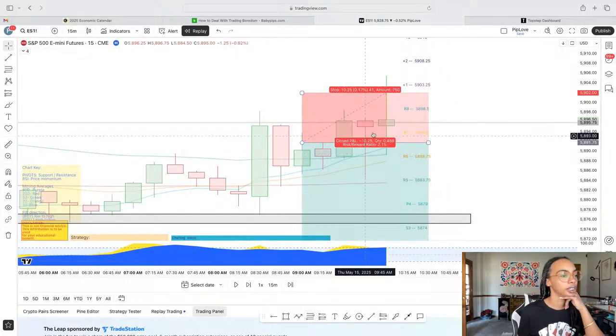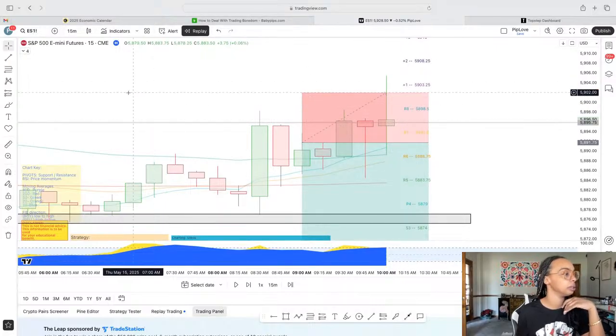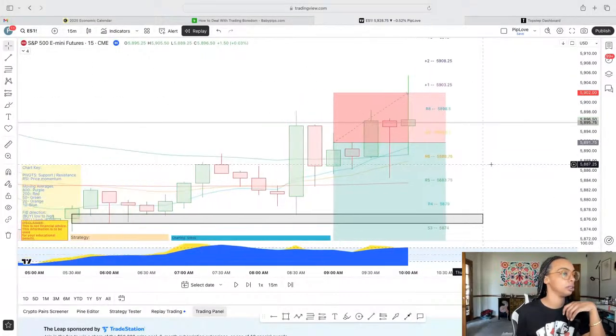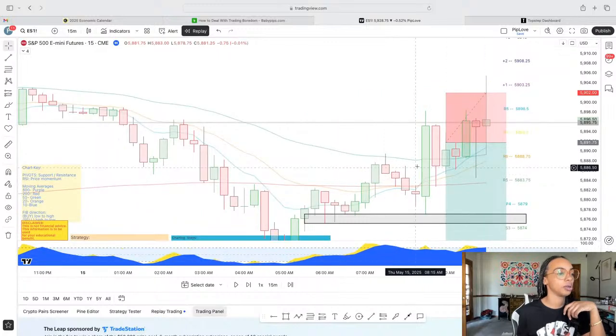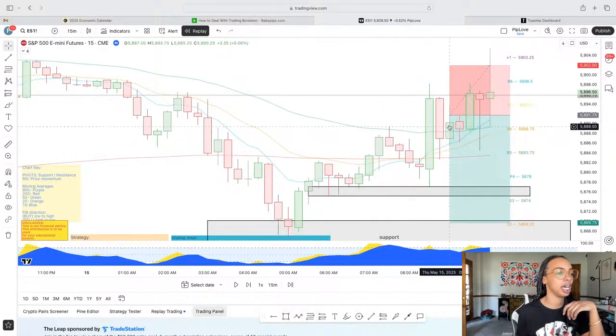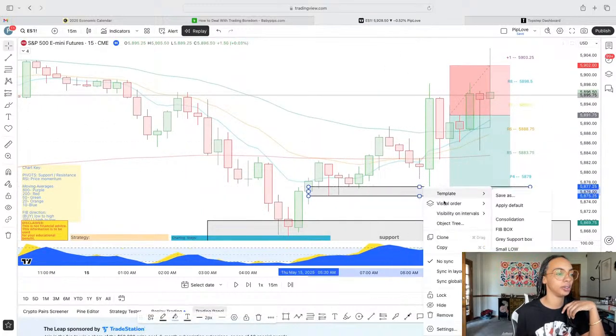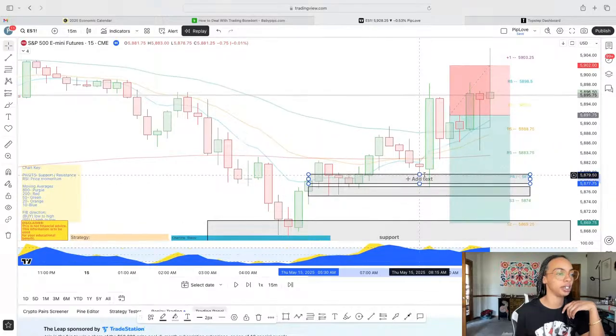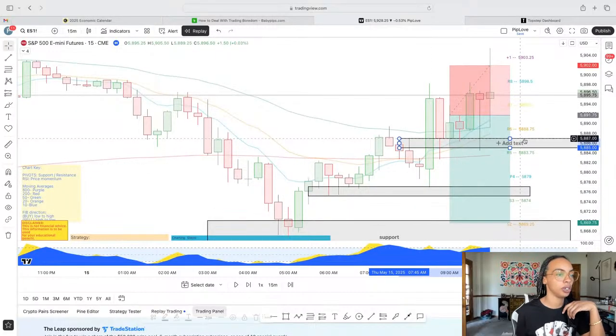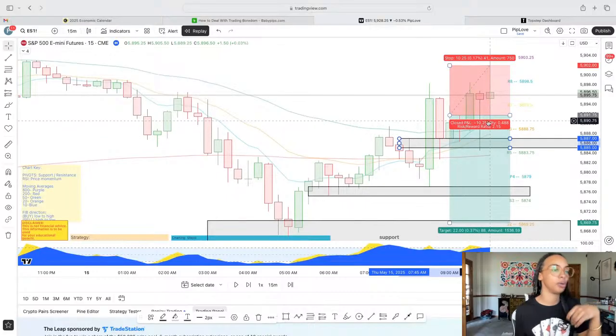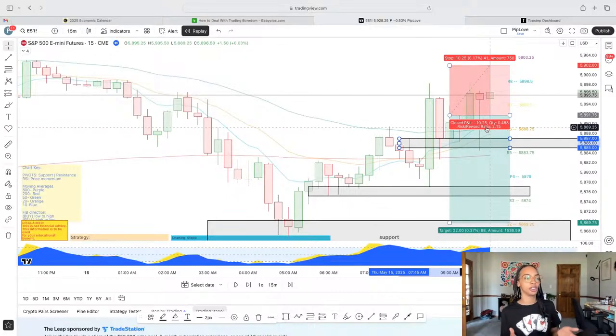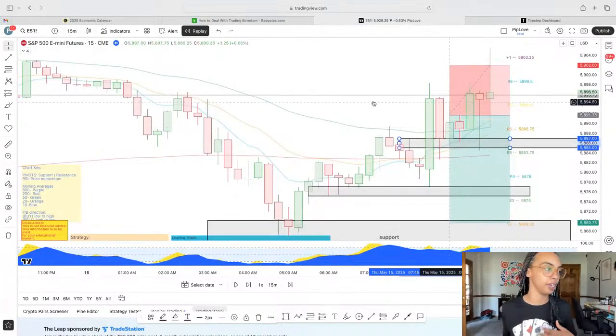And then what happened? We were oversold. Price kind of wicked us out. We have this cross up here. Price is still making higher highs and higher lows. So that would have been another indication on the lower time frames that price went back into our entry point, that we could have just secured a couple points in profit.